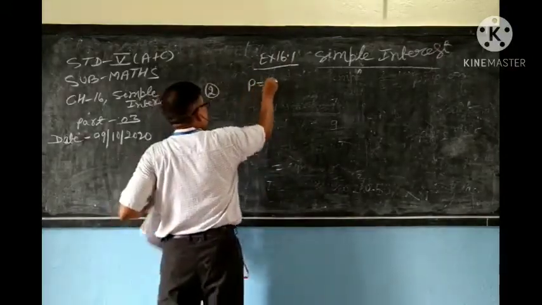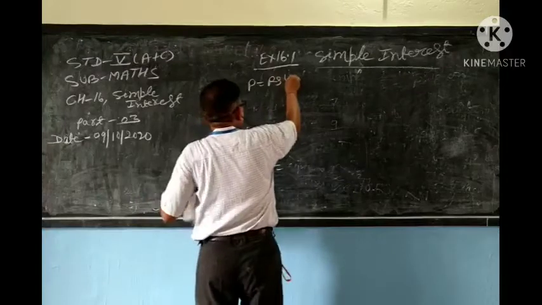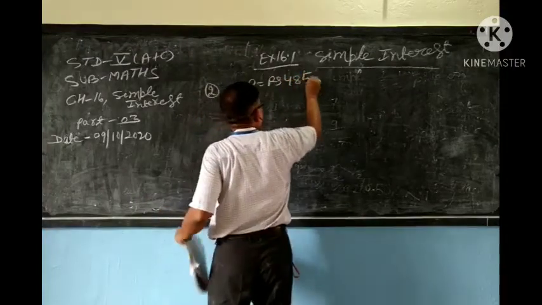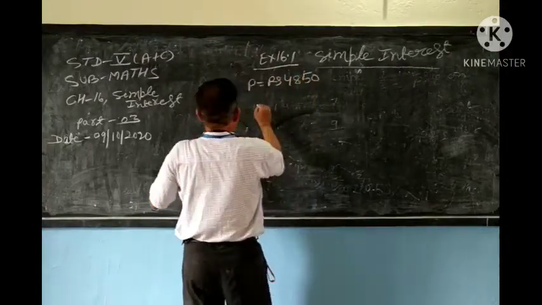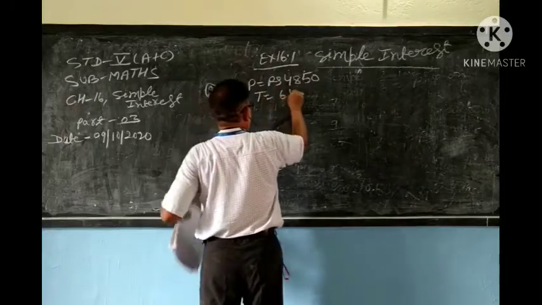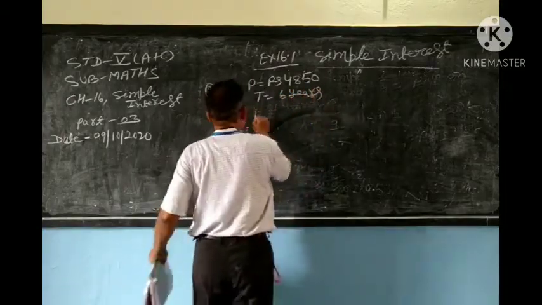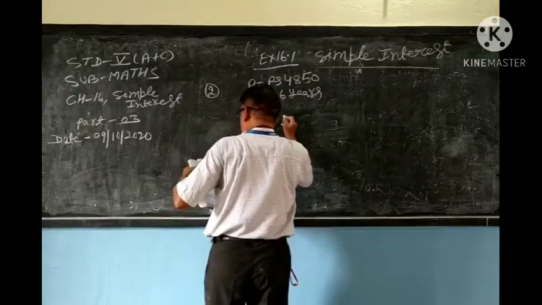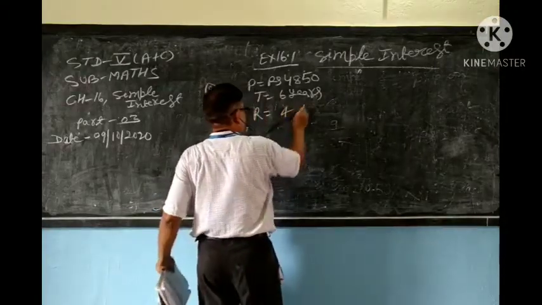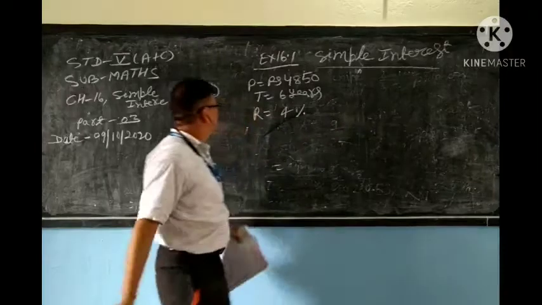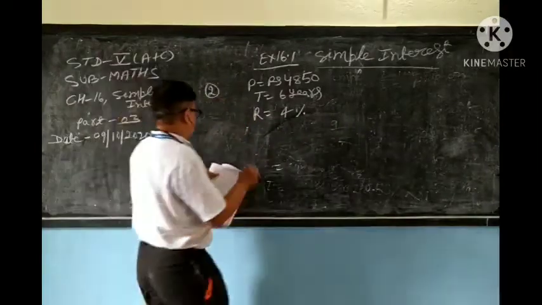So P is equal to rupees 4,850. T is equal to 6 years. And rate R is equal to 4 percent.